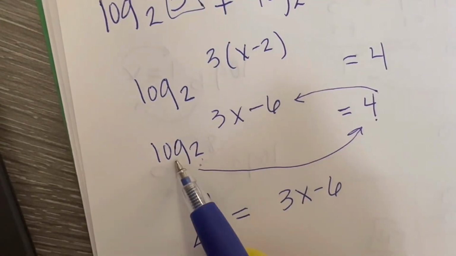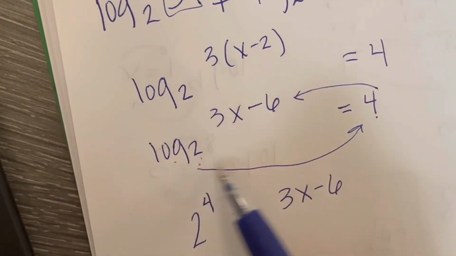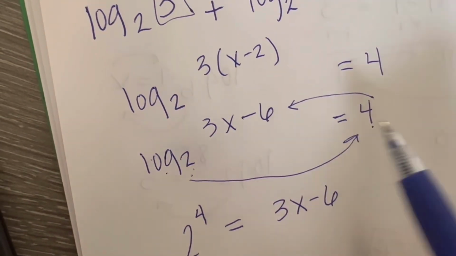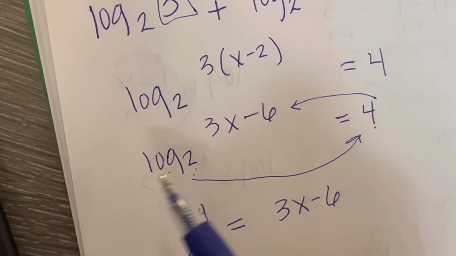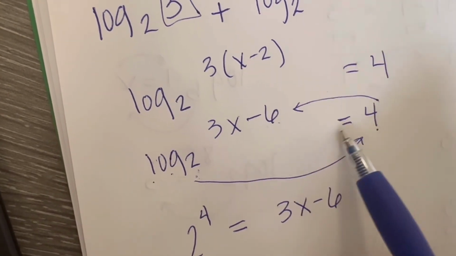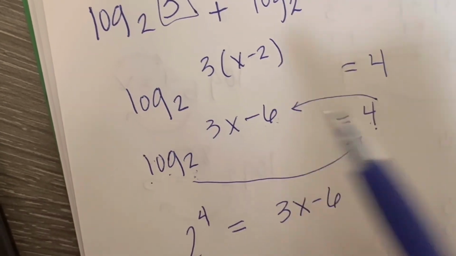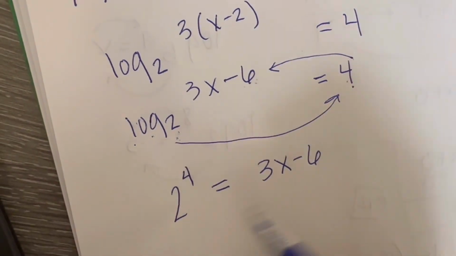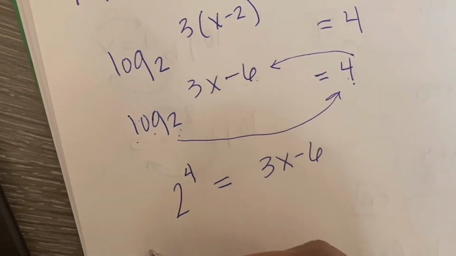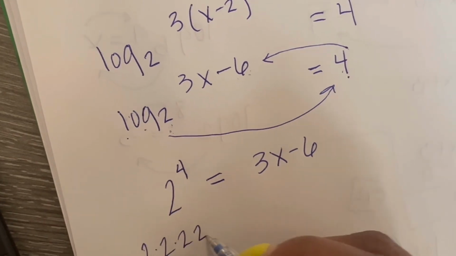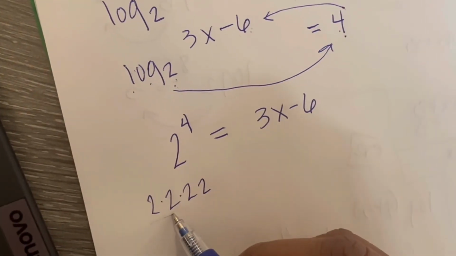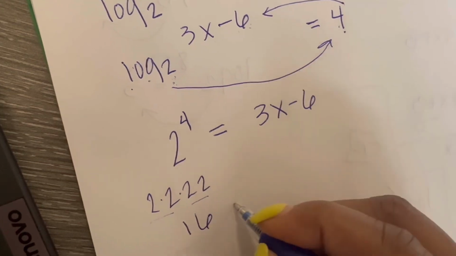Why are we dropping the log? Because that's what this expression means. Log base 2 of 3x minus 6 equals 4 means 2 to this power equals this argument. So that's what you're going to write. 2 to the 4th power, that's 16.